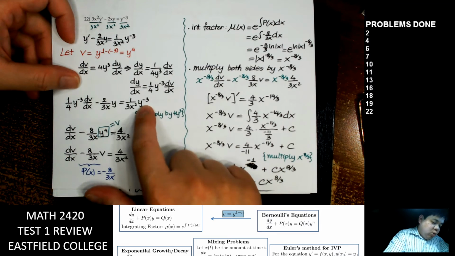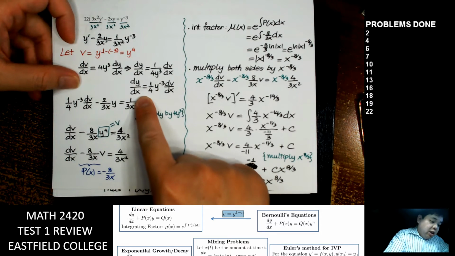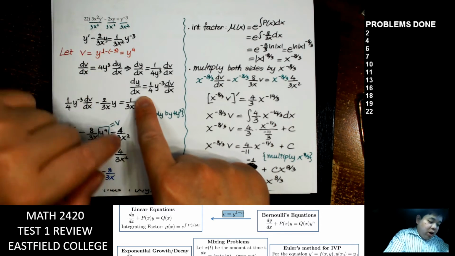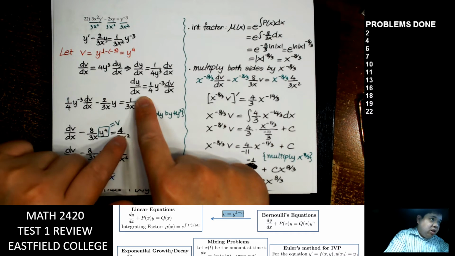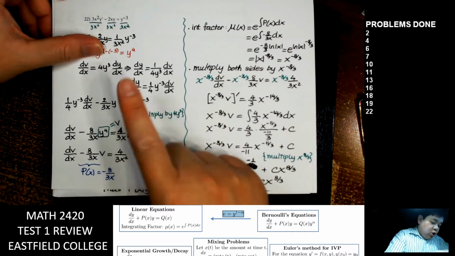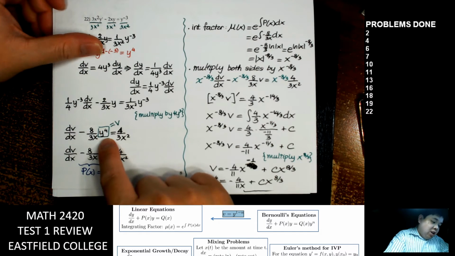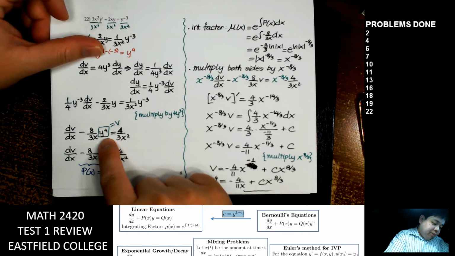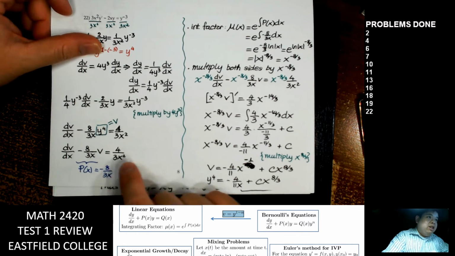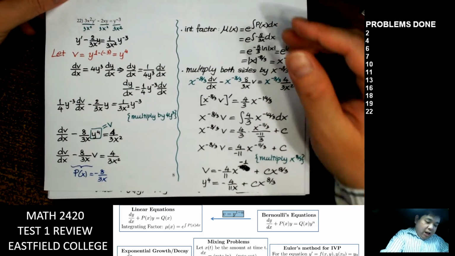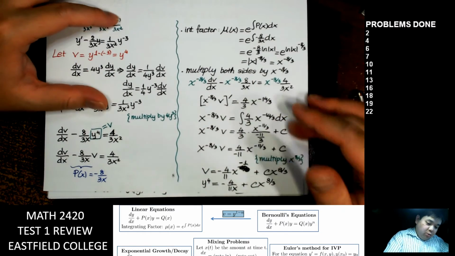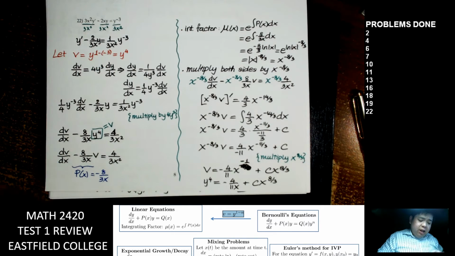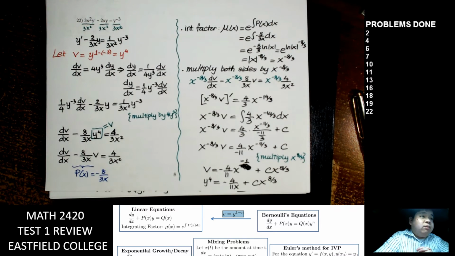Bottom line is we try to get rid of the y on this side, because in the linear first order equation, there's only x on the right side. So when we do that, it also equals v, and so we have a linear equation, and the rest is just the linear equation method, and we end up with this equation.